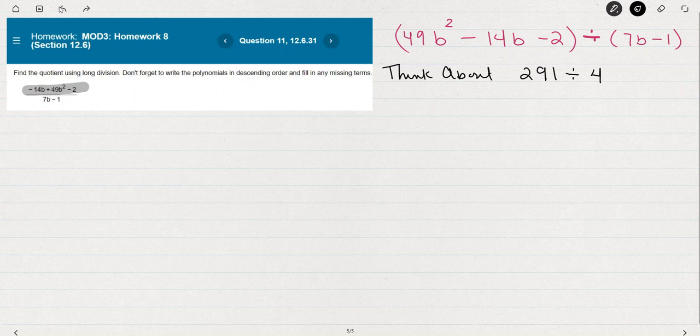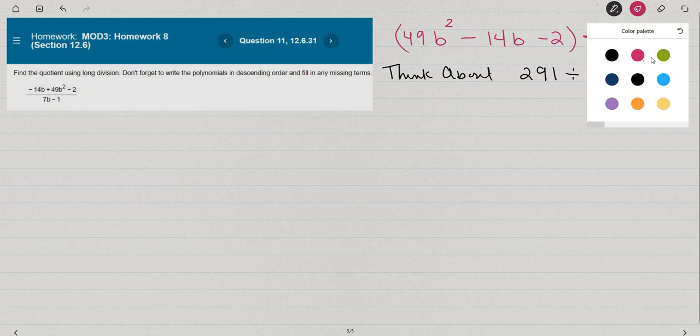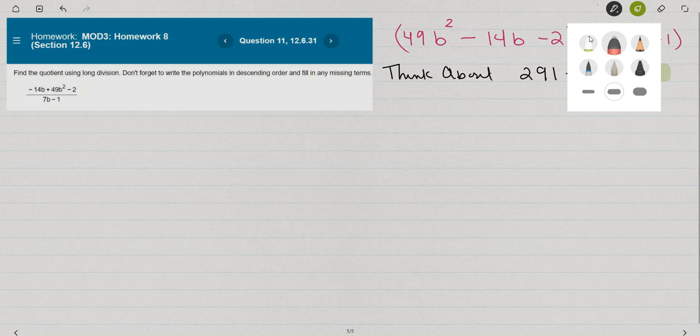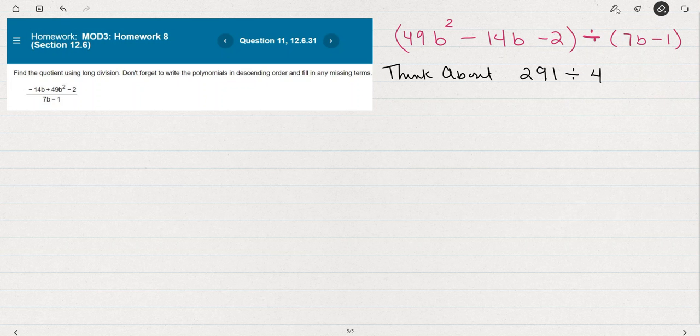What I'm thinking when I see this fraction is this numerator, the top, divided by the bottom, the denominator. So if I saw this fraction, 291 over 4, that's the same thing as 291 divided by 4.